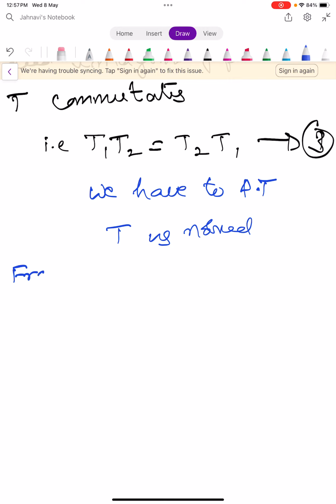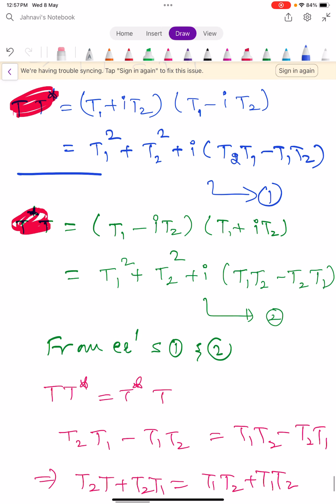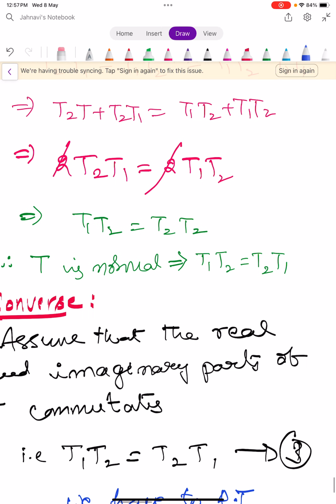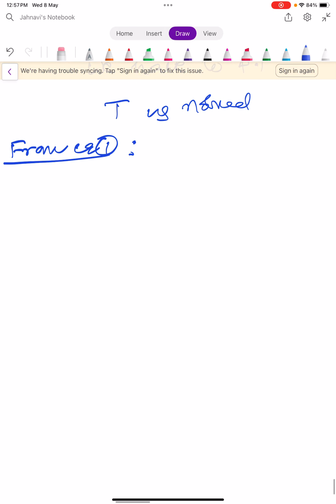Right, from equation 1 we have T T star is equal to T1 square plus T2 square plus i into (T2 T1 minus T1 T2).